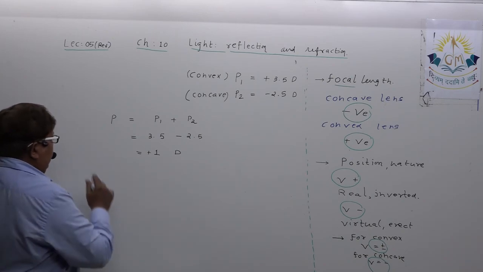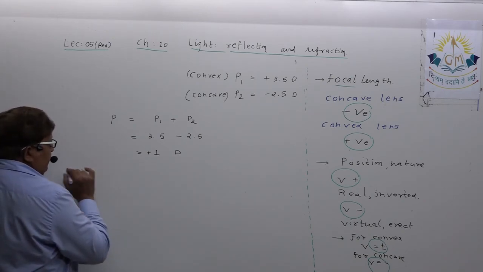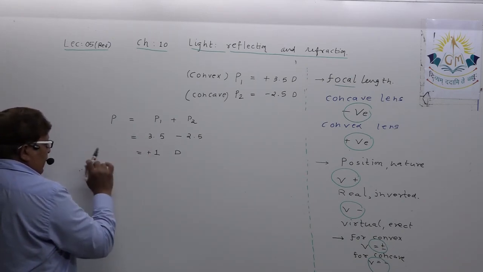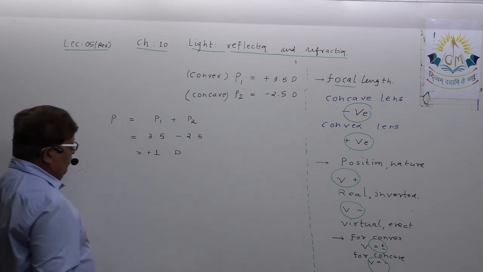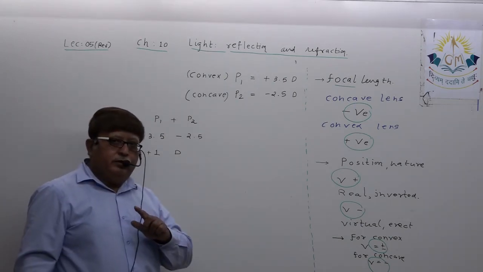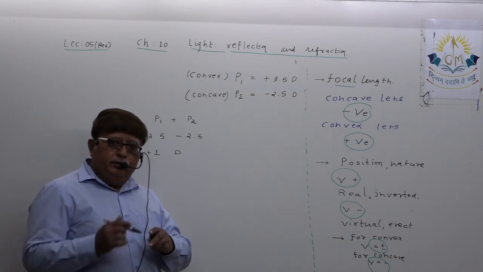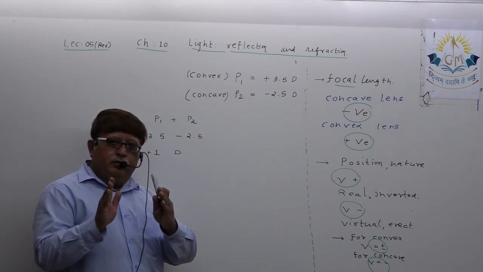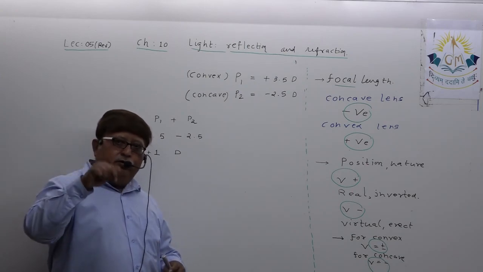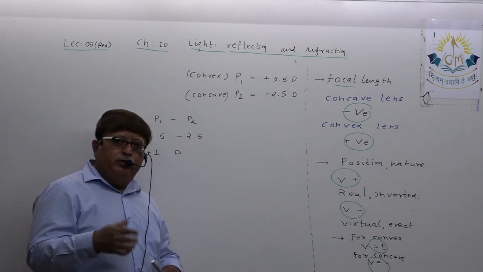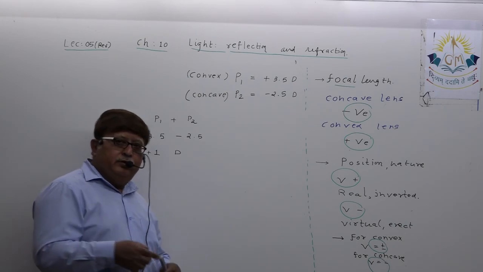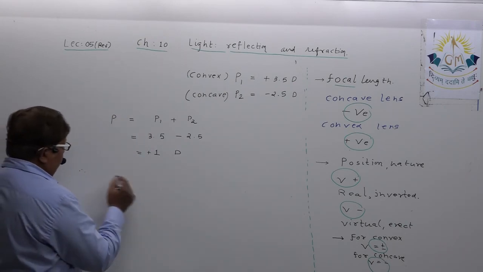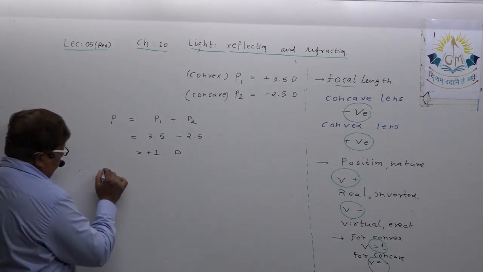So the power of the assembly of the two lenses is plus 1. Plus means even though you combine one convex lens and one concave lens, the resultant power will be that of a convex lens. Understand?